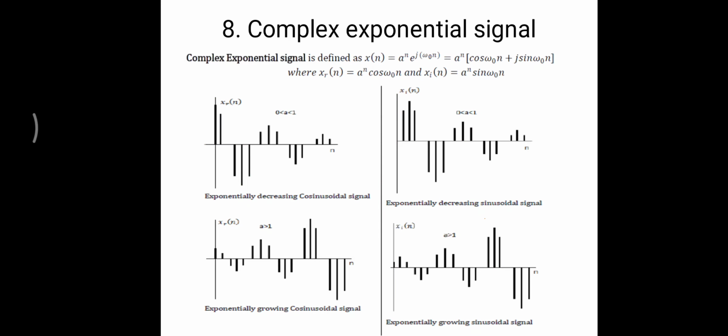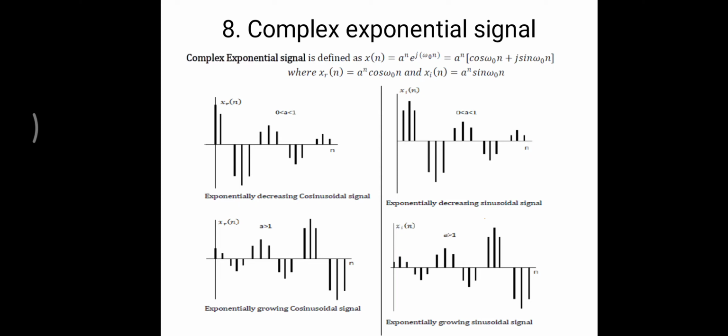And the last one is complex exponential signal. Complex exponential signal, x of n can be expressed as a power n e power j omega naught n. Once again, as per Euler's rule, I can express e power j omega n as cos omega n plus j sin omega n. Now we can separate real part separately and imaginary part separately. Based on the value of a, when a is between 0 to 1, that will produce decaying exponential.